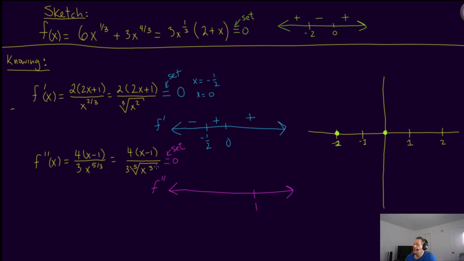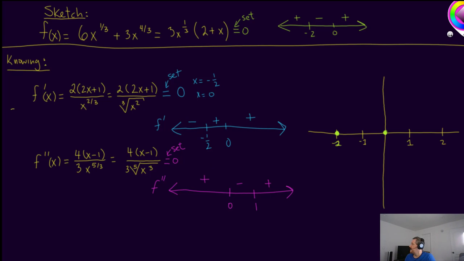So put that there at x equals 1, and 0 is still an important point because there is something going on in the denominator causing the f double prime to be undefined. This time the multiplicities are odd, right? X minus 1 is raised to the first, and x is being raised to the third. These are both odd, so this time our number line would be positive, minus, positive.